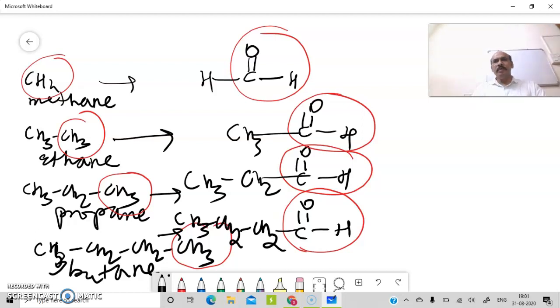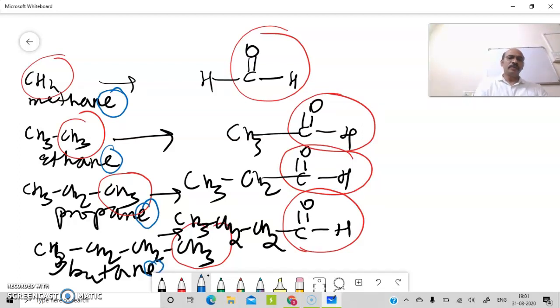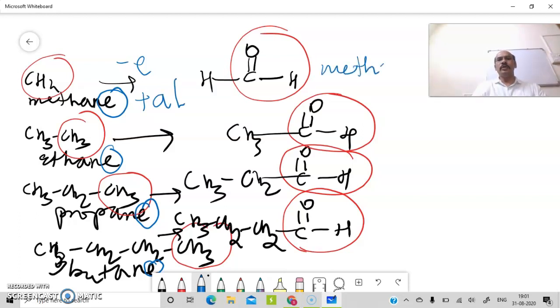Alkanes are considered to be the parent of all functional group containing compounds, and their names are derived from alkane by making certain changes in the suffix, sometimes by adding a prefix. So in these molecules you have to see the E suffix of alkane and replace it by Al. So the name of the first molecule will be methanal.